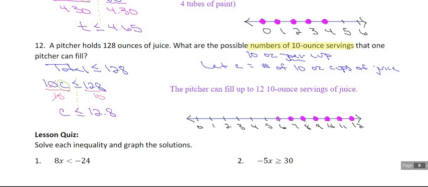And I mean, obviously with cups of juice, it's not that big of a deal, but we are trying to be specific about exact 10-ounce servings. Okay, so we're not talking about partial cups, only full 10-ounce servings. So once again, another discrete situation, and we're not going to be dealing with negative numbers of cups of juice.